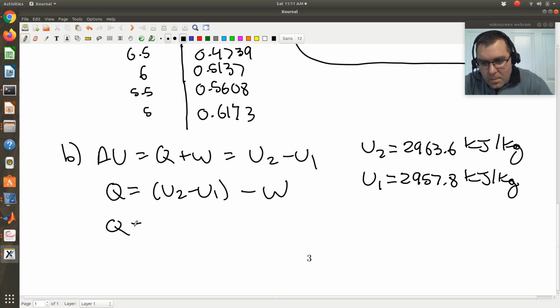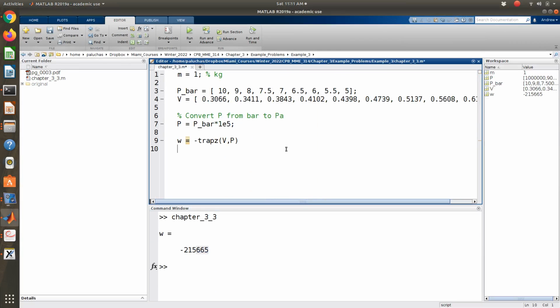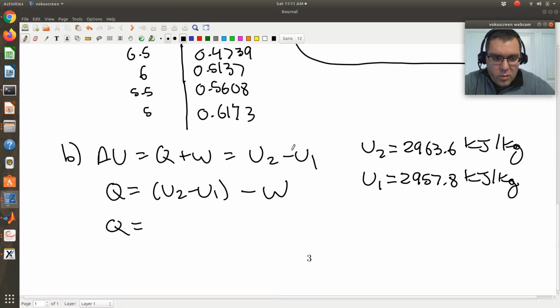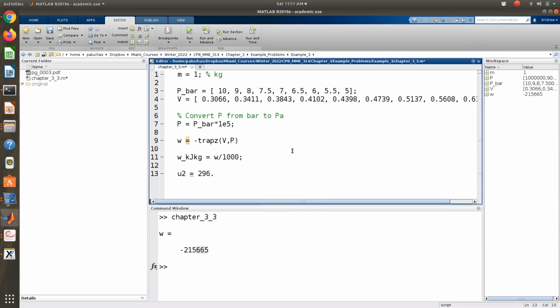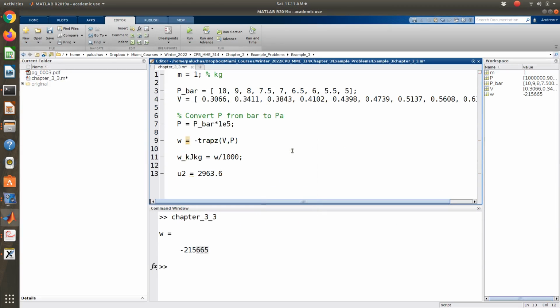So Q then is equal to, let me go to MATLAB and enter U2. And let me get W in kilojoules per kilogram. That was W divided by 1,000. So U2, 2963.6. U1, 2957.8.